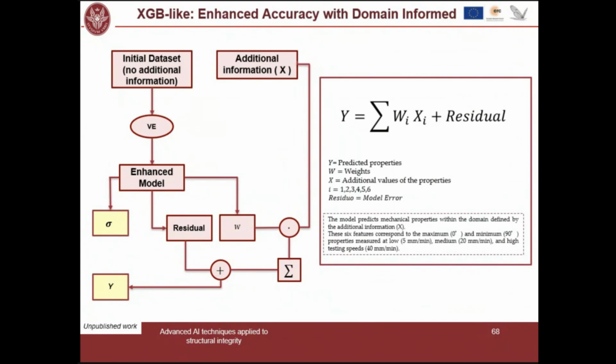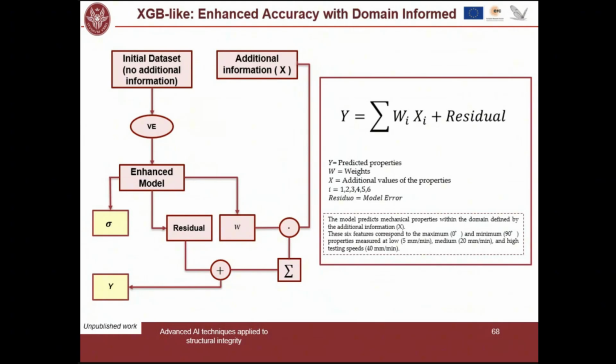We essentially use that mechanical information as a baseline. So XGBoost now just had to compute the coefficients that, once multiplied by the additional information and summed, should give you the final mechanical properties.